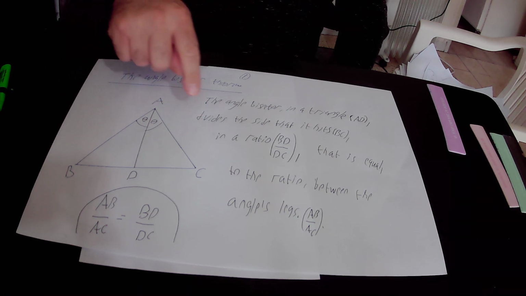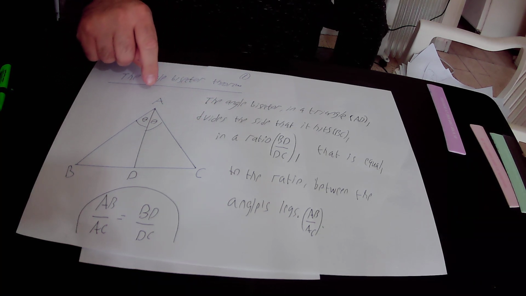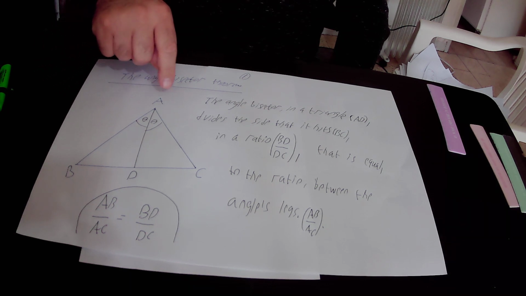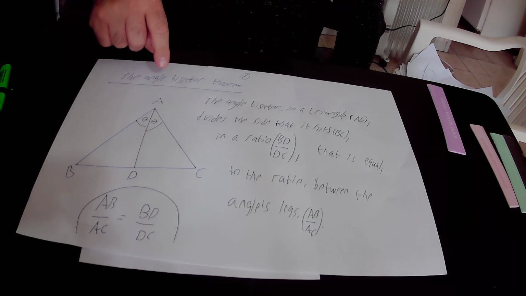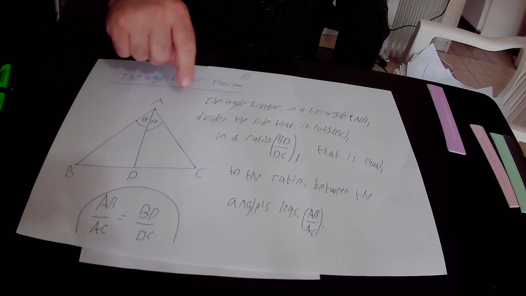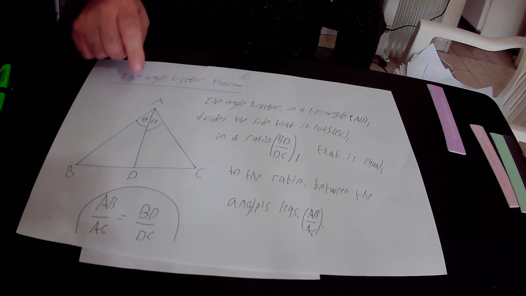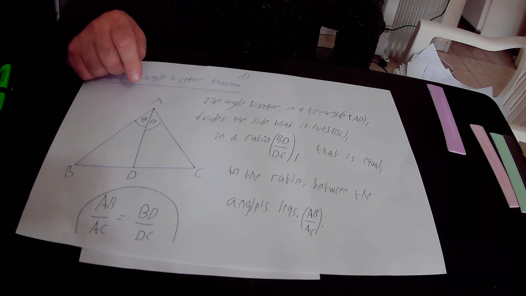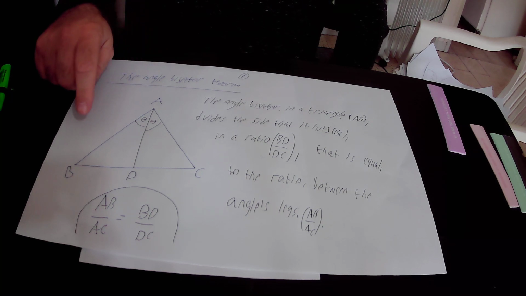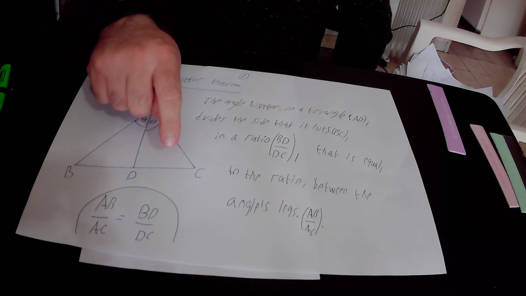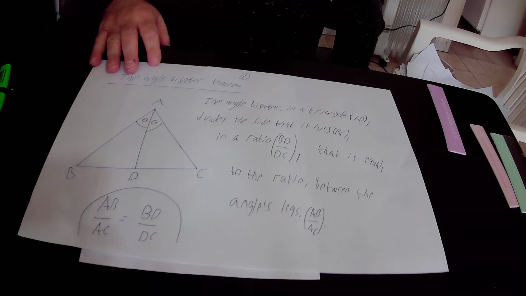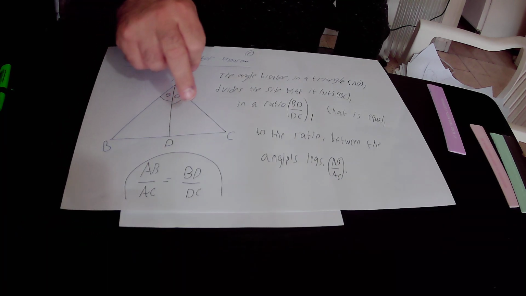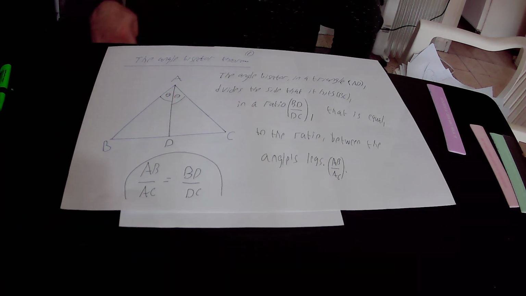This angle BAC has two legs. The first leg is AB and the second leg is AC, and the ratio between those two legs is AB over AC. And that ratio equals the ratio that angle bisector AD divides side BC, that is to say BD over DC. In conclusion, AB over AC equals BD over DC.